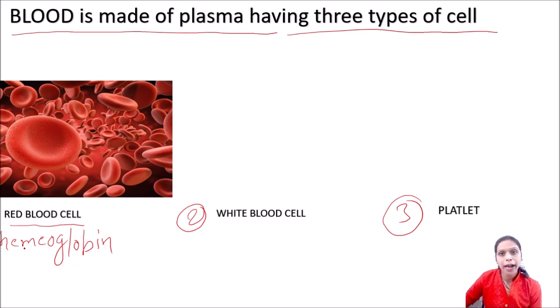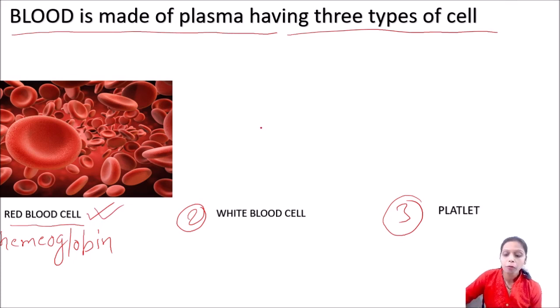Hemoglobin is tied up with oxygen and it is red in color. Whenever your hand is cut, the blood passing through your finger is red in color and this is known as red blood cells.